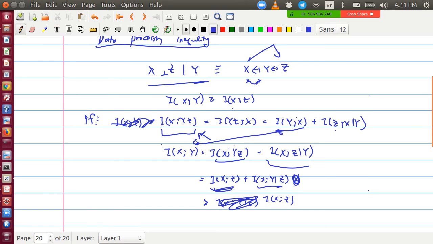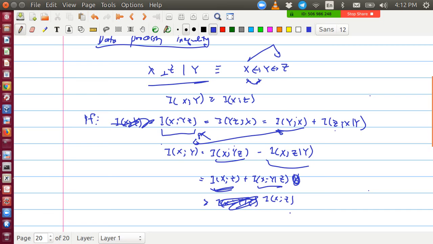So I(X;Y) therefore is bigger than or equal to I(X;Z). No, this one is positive, right? Yeah, that's positive. So something plus positive is bigger than or equal to that something, right?